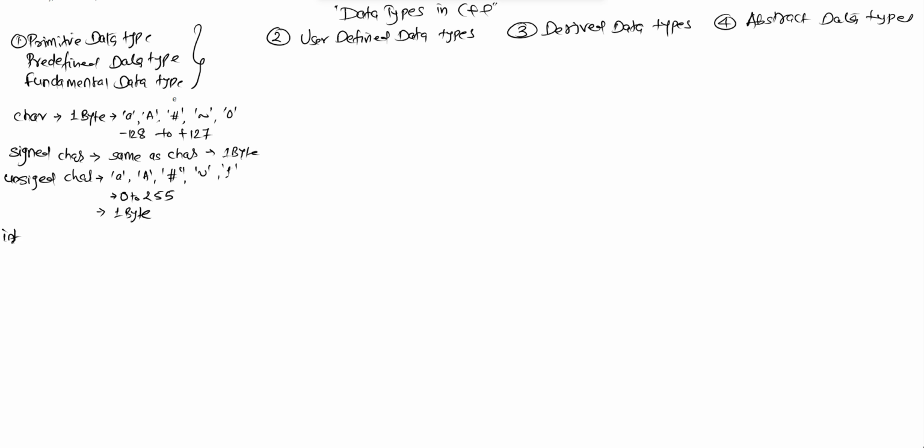Now the next data type is integer. We write int only. Int is integer, and it is used to store numeric values.